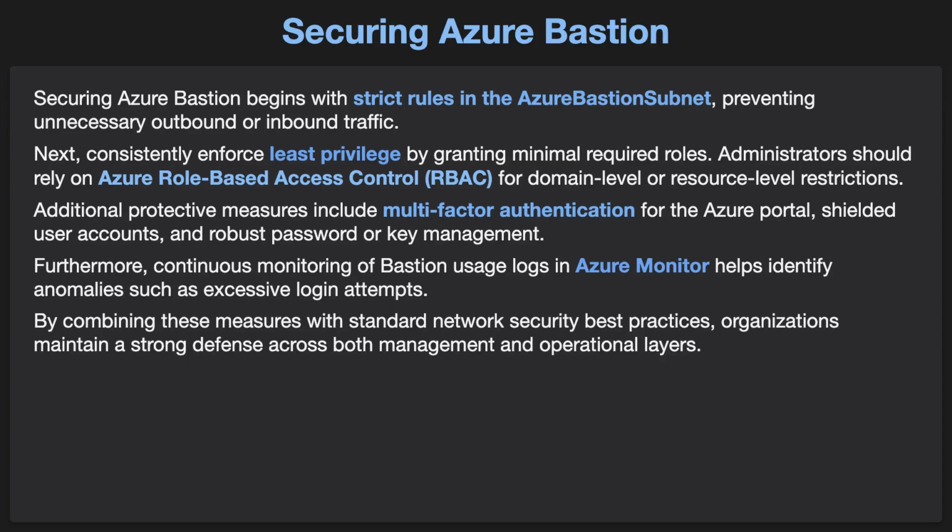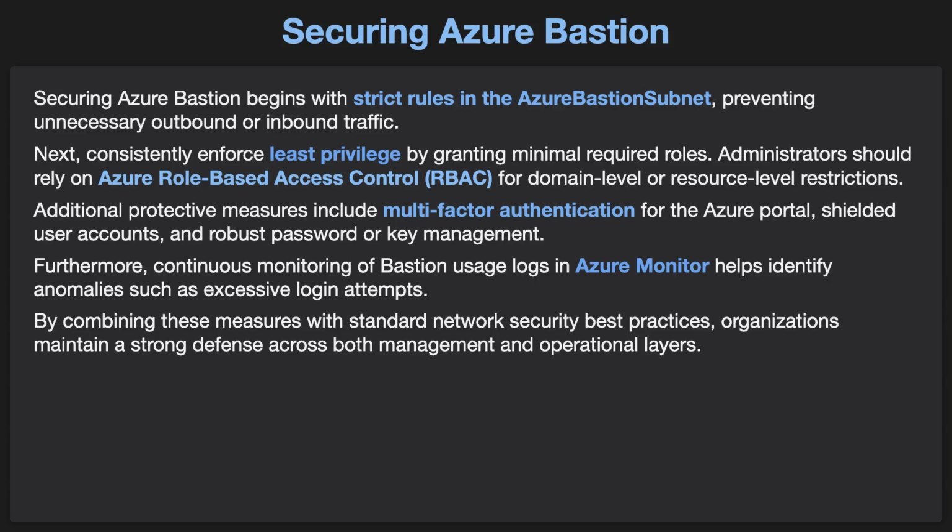Securing Azure Bastion begins with strict rules in the Azure Bastion subnet, preventing unnecessary outbound or inbound traffic. Next, consistently enforce least privilege by granting minimal required roles. Administrators should rely on Azure Role-Based Access Control, RBAC, for domain-level or resource-level restrictions.